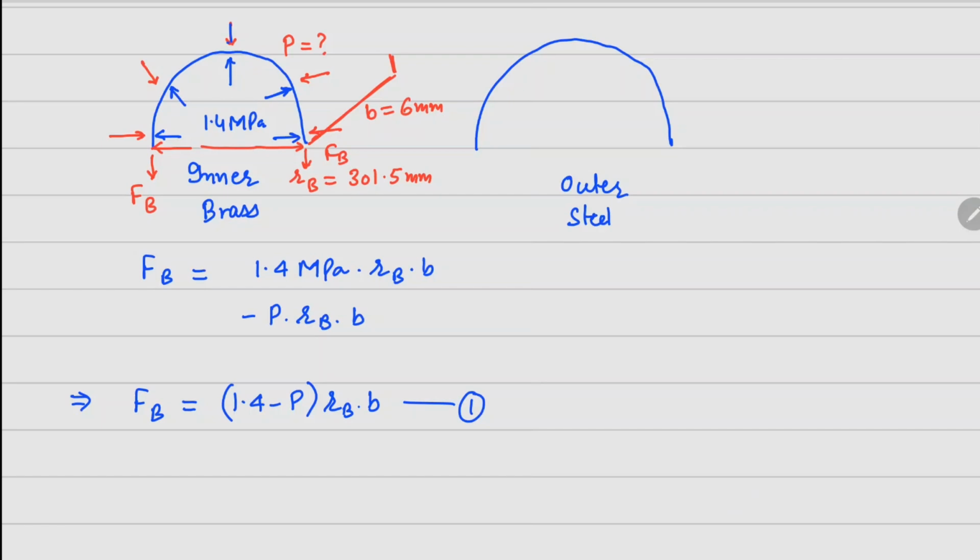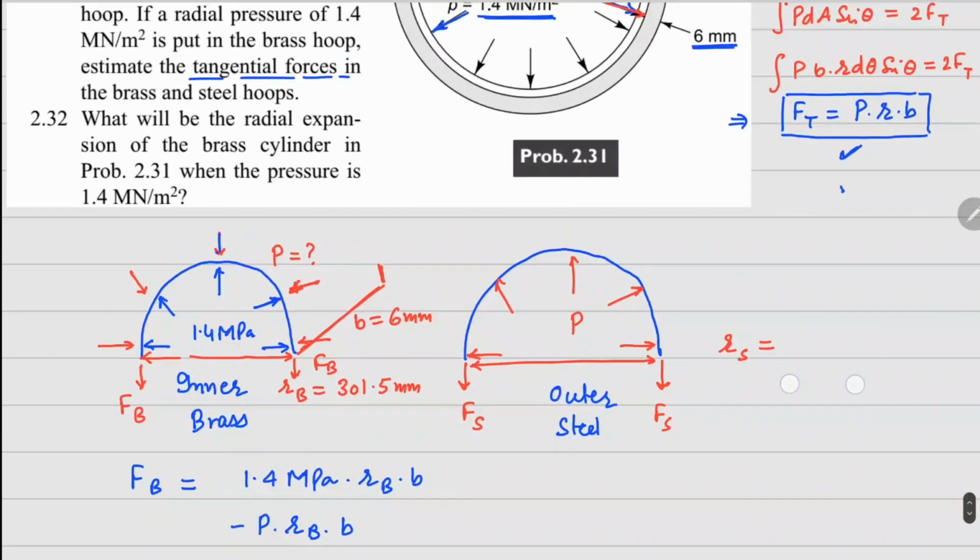Now looking at the outer hoop, this pressure which was acting this way on the inner hoop is going to be acting as an internal pressure for the outer hoop in this manner, and this value is P. Now for the tangential forces here, we can take this as Fs for steel. Now radius in this case from here to here, Rs, we can take an average.